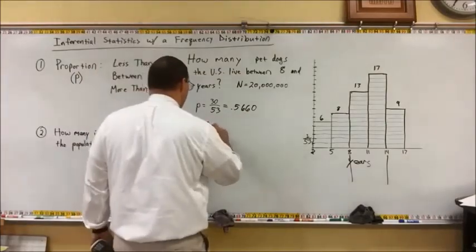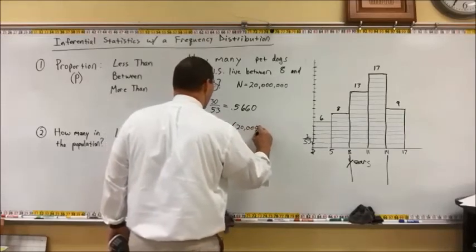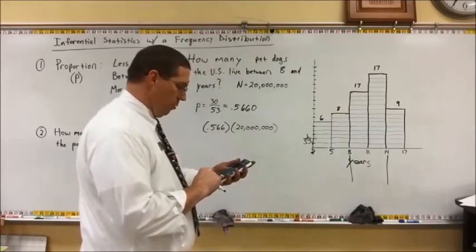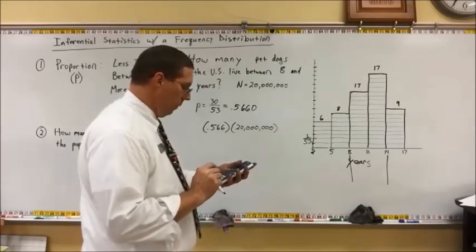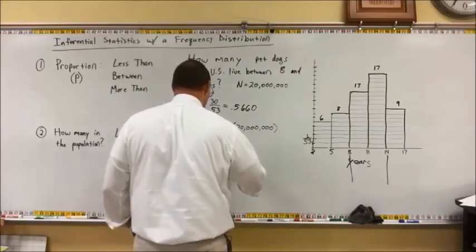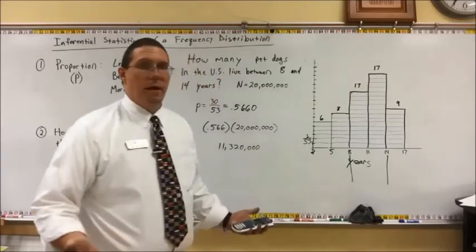So 0.566 times 20 million is 11,320,000. 11,320,000 dogs. And that's our answer.